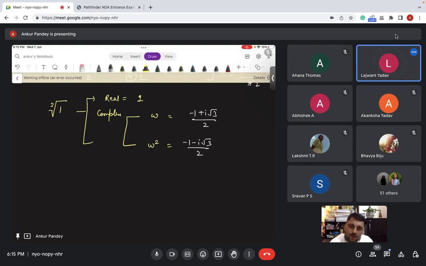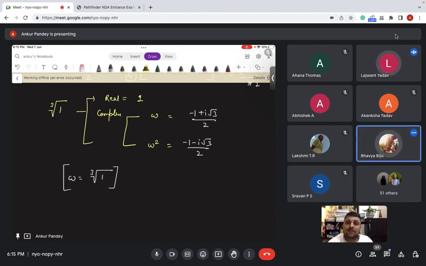Yes, sir. Now see few beautiful things. Can I write omega is cube root of 1? Yes, obvious. So, if I cube on both the sides, what will I get? Omega cube equal to 1. Yes or no?